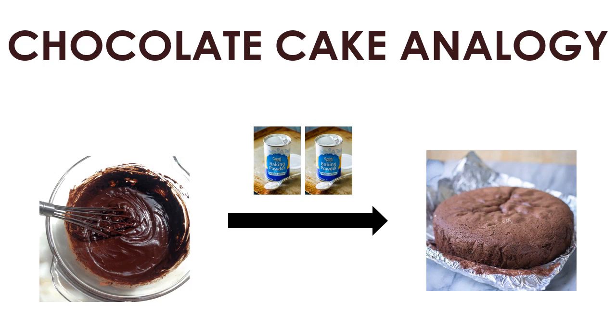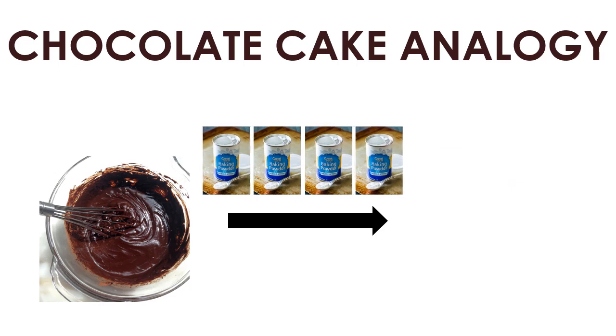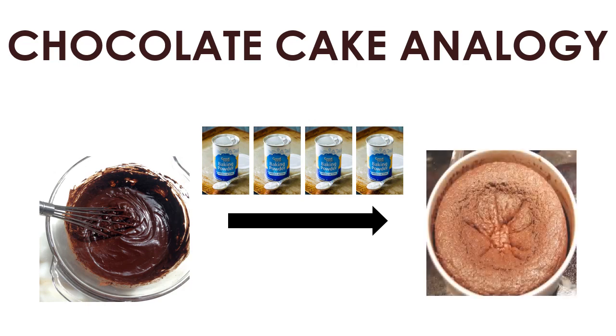In this example, to make a perfect chocolate cake, you need to put 2 portions of baking powder into the chocolate mixture. But what would happen if you put more? The cake will rise too quick, then it will crumble, like this photo here.